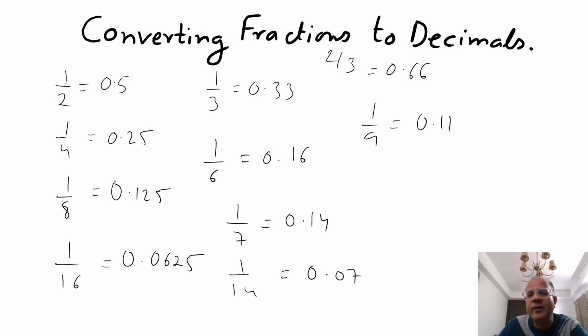Okay. And what is 1 by 11? 1 by 11 is going to be 0.09, approximately. So these kind of fractions will help you to do the quick maths quickly, the way the Accenture people want from us. Okay, so that should be it.